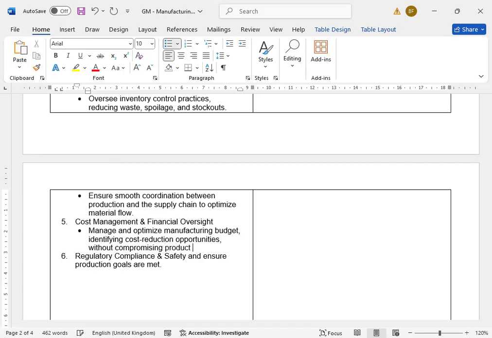Even the raw materials should be of good quality. If you are going to have poor quality materials, then the finished product will also have poor quality.